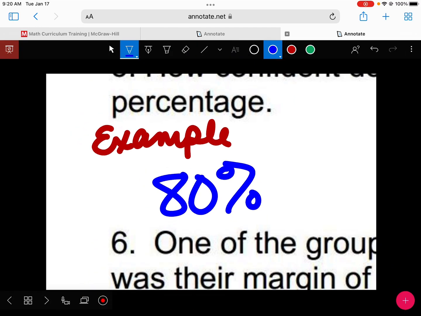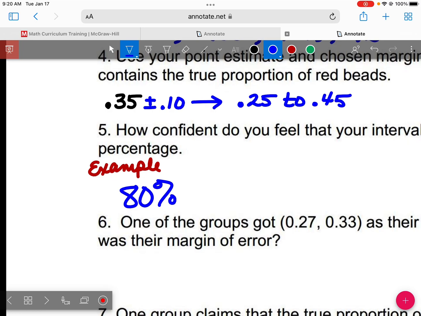So the way we would state that is going to be language that we remember the pattern of. This is going to be used over and over again.